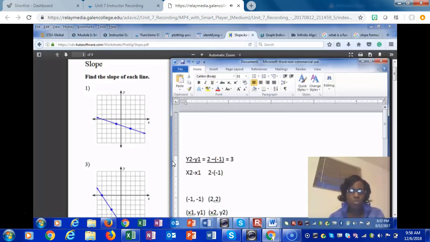So we end up with 3 over 3. 3 over 3 is the same as just 1. So once you get your coordinate pairs, label them and go ahead and plug them into the equation. If you can do that, that will save a whole lot of time.